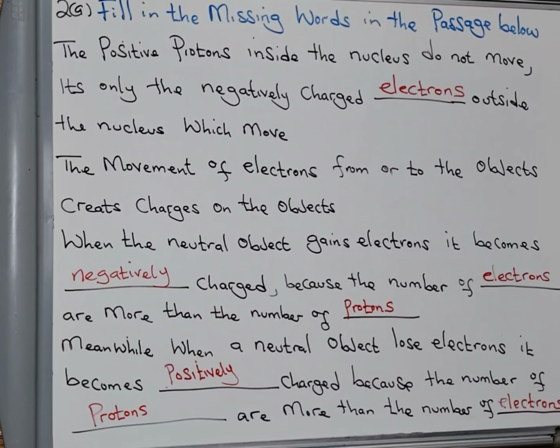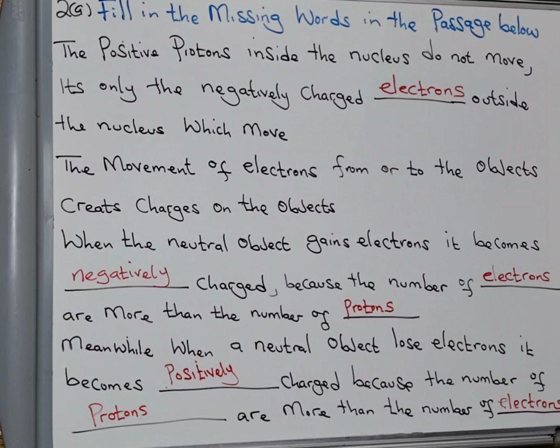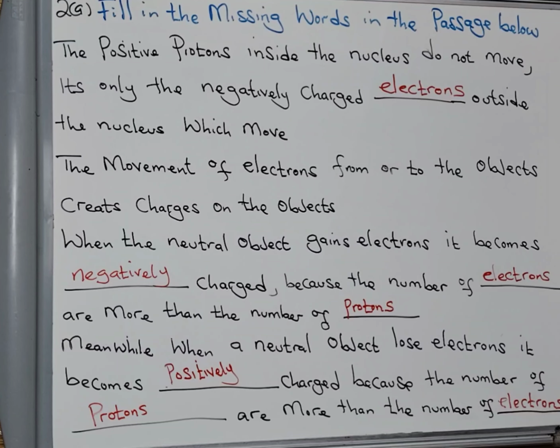So that is that. So every time you see an object which is positively charged, what comes to your mind? That the number of protons are more than the number of electrons. Another aspect you have to know is that if it's positively charged, it means that it was created by taking out electrons.